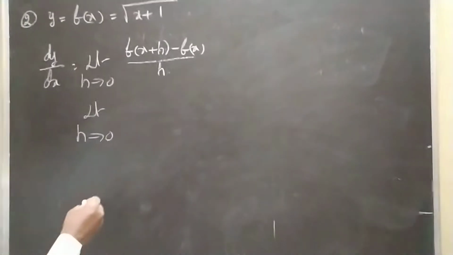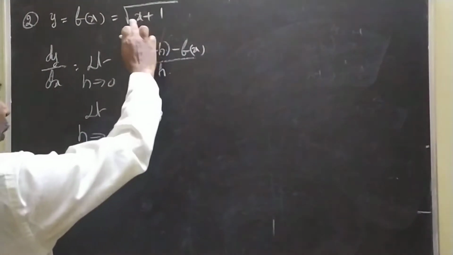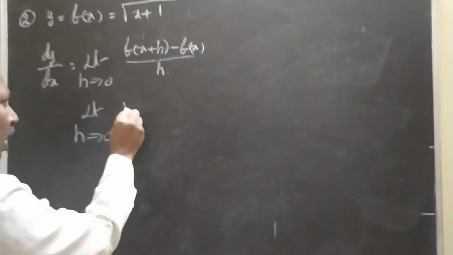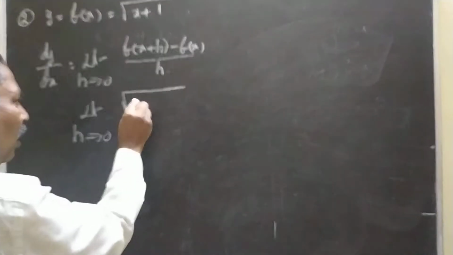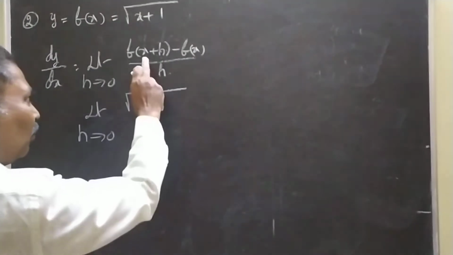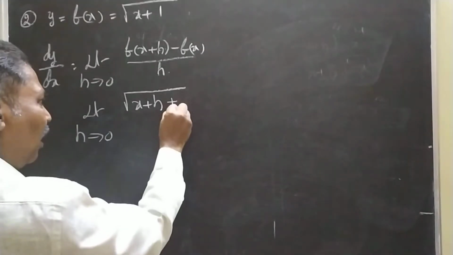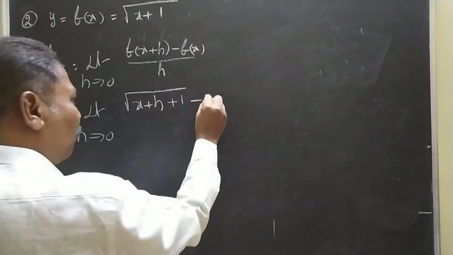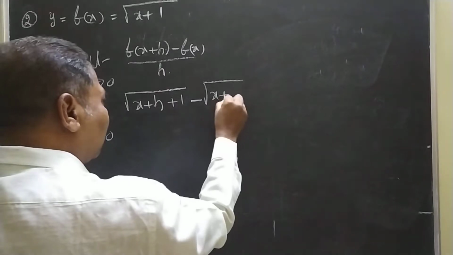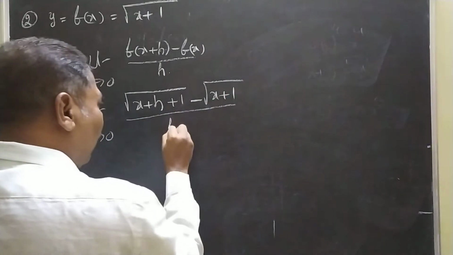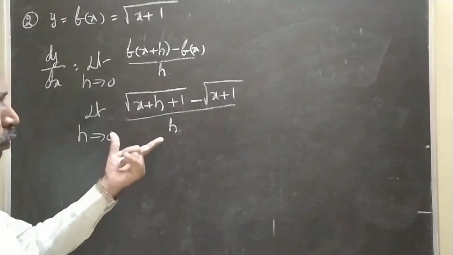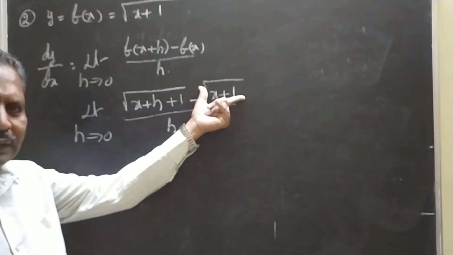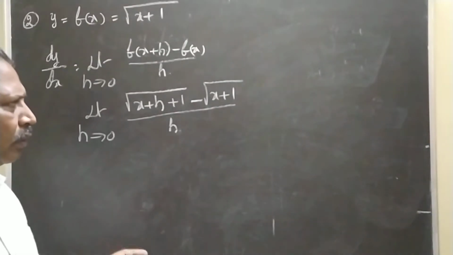h tends to 0. Replace x with x plus h: under root x plus h plus 1 minus f of x, which is under root x plus 1, by h. f of x plus h minus f of x by h.